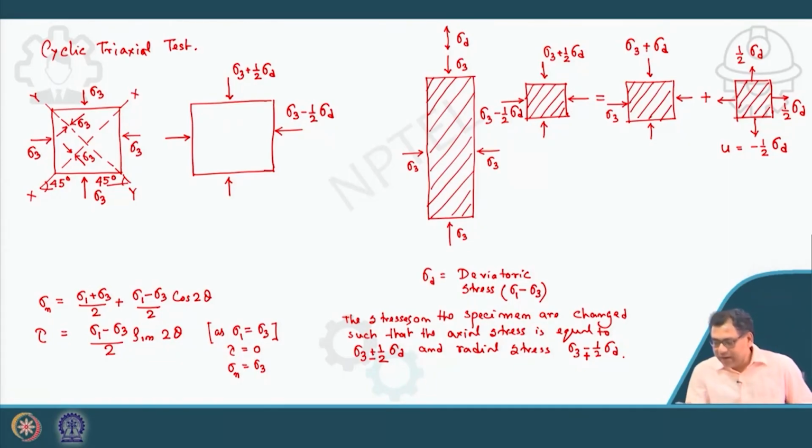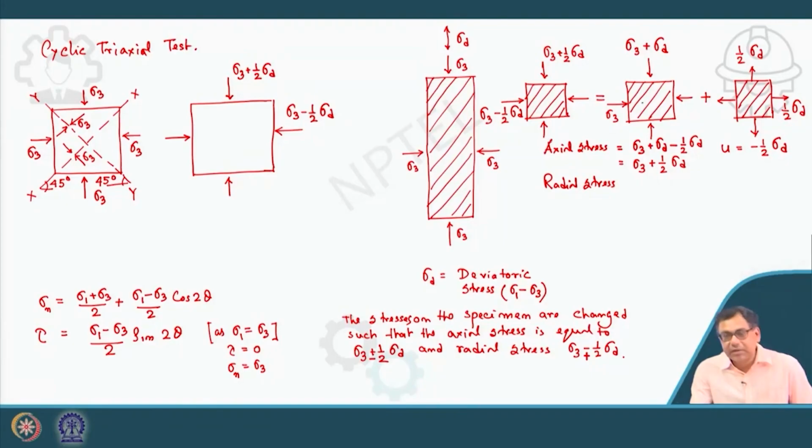So now from here I can write that for the axial stress, that is equal to sigma 3 plus sigma d minus pore water pressure half sigma d. So this is sigma 3 plus half sigma d, and for radial, initially sigma 3 is there, so that is sigma 3 minus half sigma d.